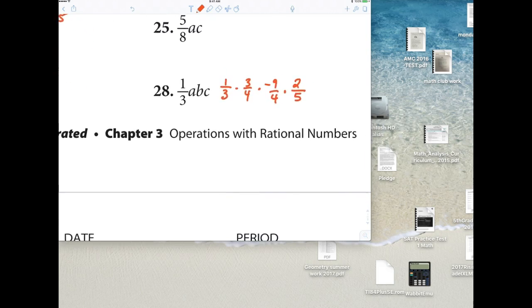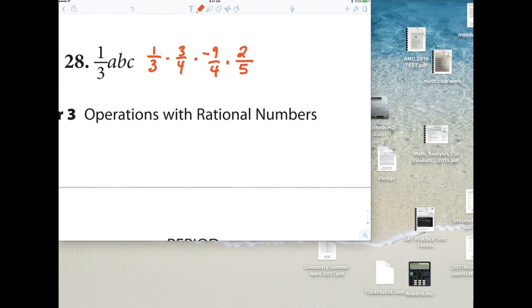You good so far? Now, is my answer going to be positive or negative? Beautiful work. All right, now we've got to start reducing. What can I reduce? The 3 and the 3. Yes, ma'am, you can. And what else can I reduce?